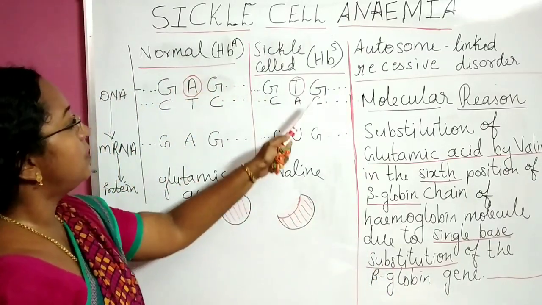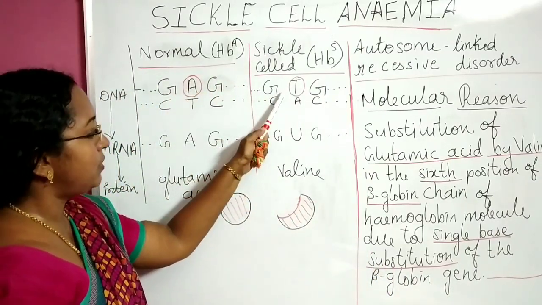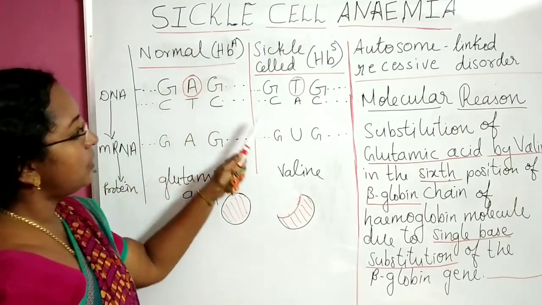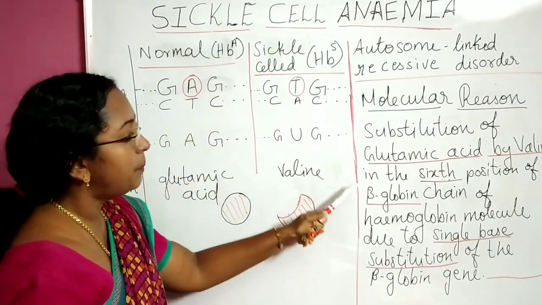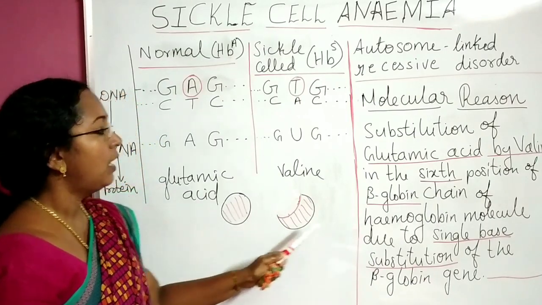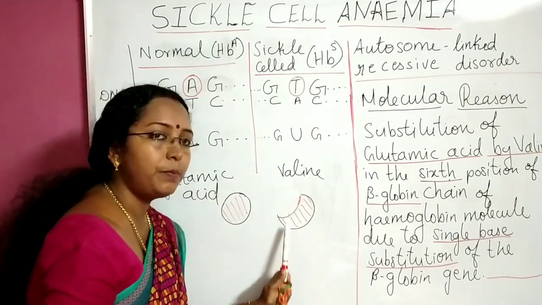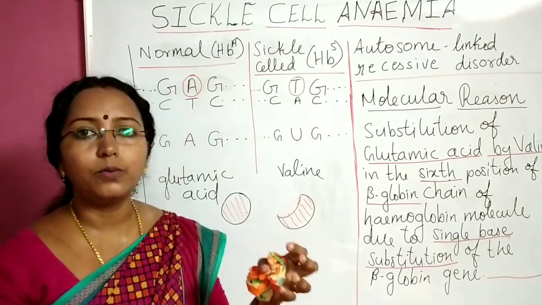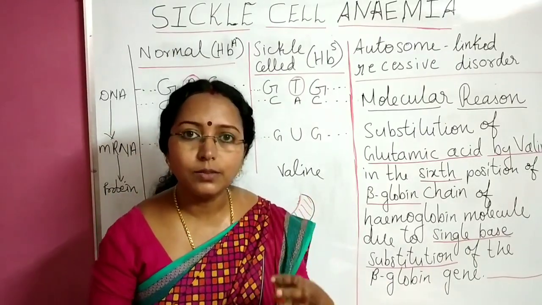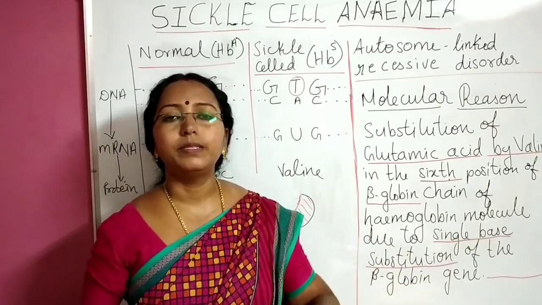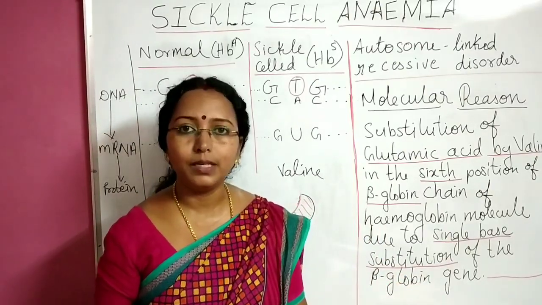So the biconcave shape of RBC became sickle shaped. The oxygen carrying capacity reduced, the person became anemic, the person is having sickle cell anemia.